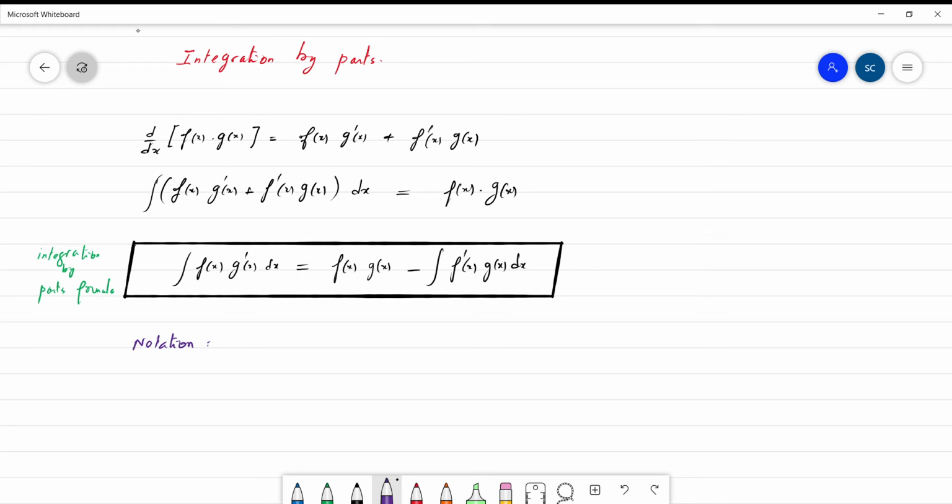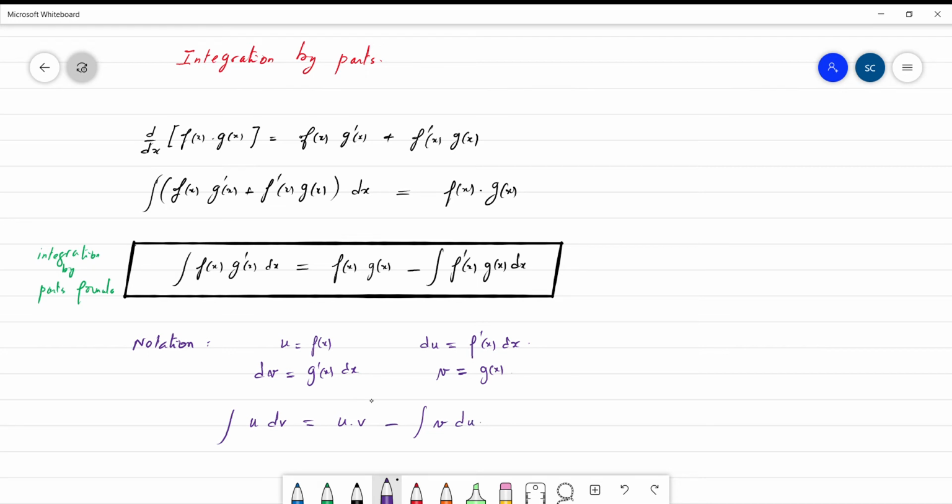Usually we set u equal to f(x), then du is f'(x) dx. Let dv be g'(x) dx, then v is g(x). Then we can write the integral of f(x) g'(x) dx, that is u dv, equals uv minus the integral of v du.